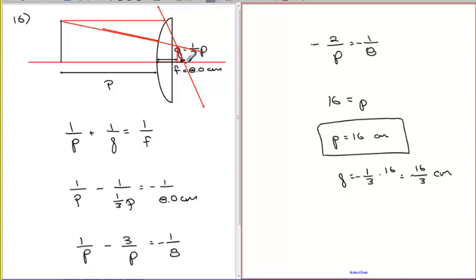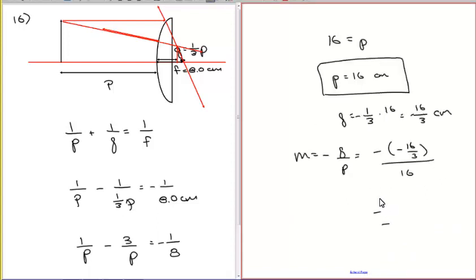convex lens. Find the magnification of the image and state whether it is upright or inverted. Well, again, from the drawing, we know it's going to be vertical, and we know it's going to be smaller. But again, we can just use the equation that says the magnification is negative Q over P, but Q is negative, so negative of negative 16/3 divided by P, which is 16.